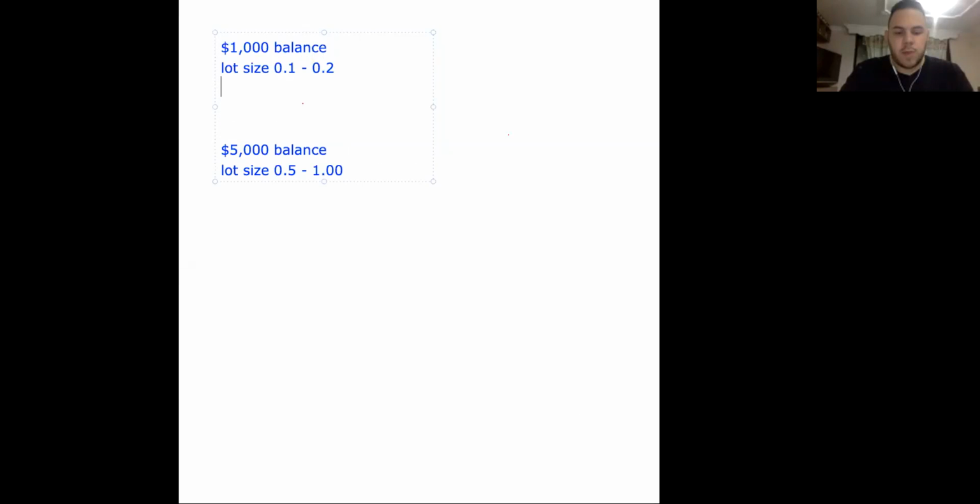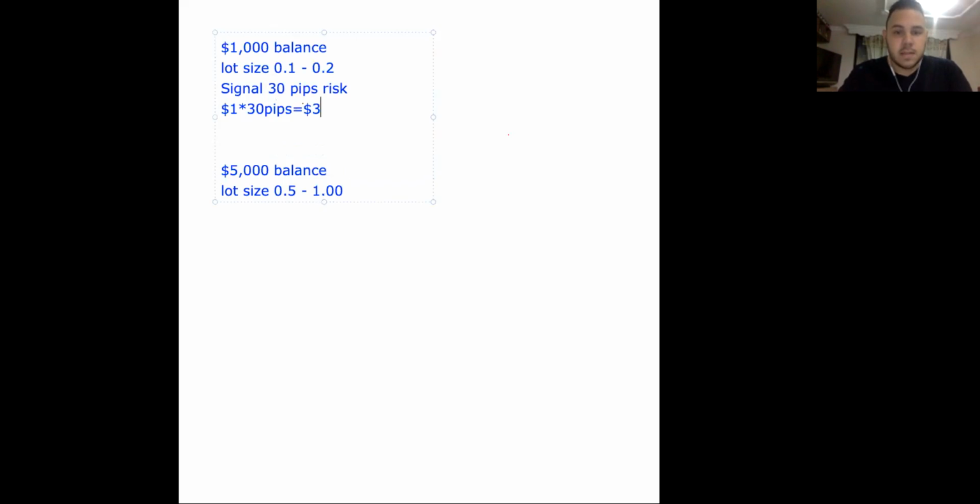So let's say we have a signal, and the signal says 30 pips risk. So let's do the math. If we do $1, which is 0.1 lot size, we can now make it $1 multiplied by 30 pips.